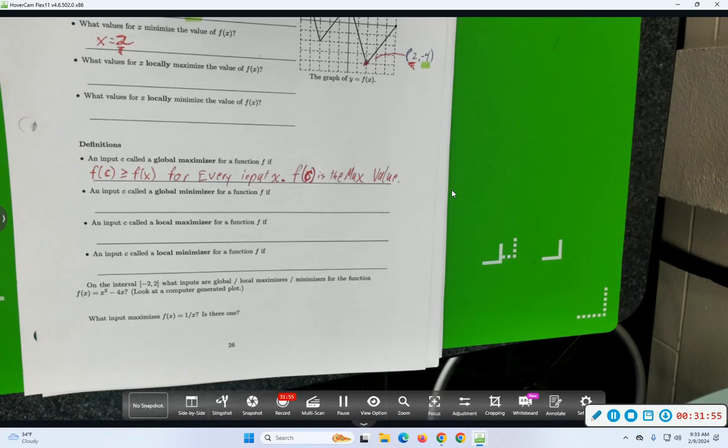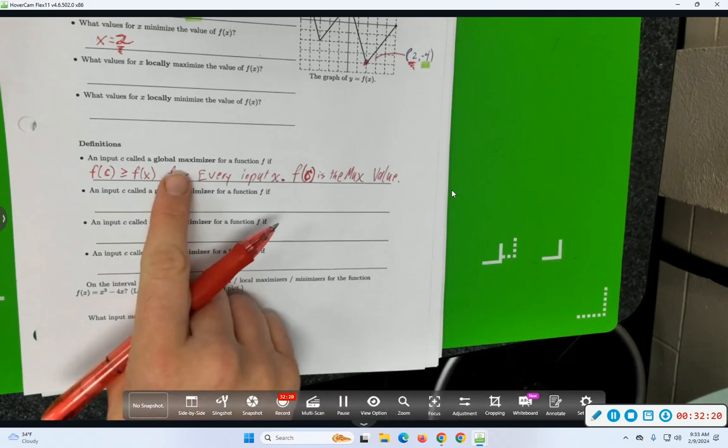So, what is a global maximizer? A global maximizer is an input that gives you an output that's at least as big as every other. That seem like a sensible thing to call it? So that means the output at C should be at least as big as the output at every other input. And then we call the corresponding output the max value.